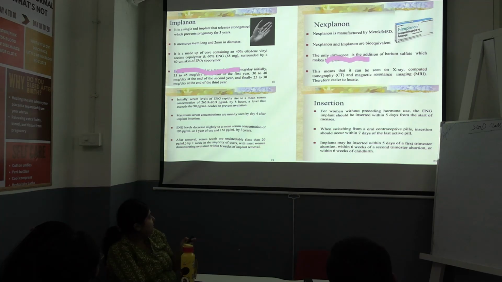Maximum serum concentrations are usually seen by day 4 after the implant insertion. After removal also, the serum levels become undetectable by 1 week, and most women demonstrate ovulation within 6 weeks of implant removal.